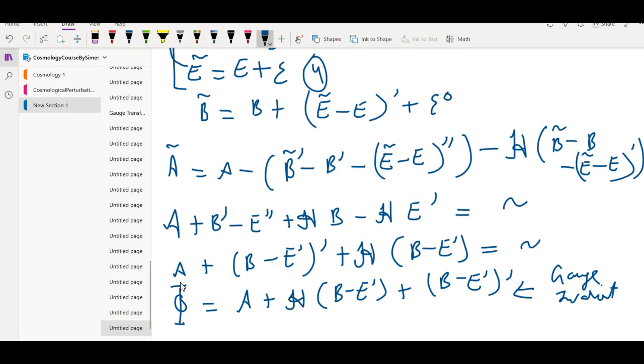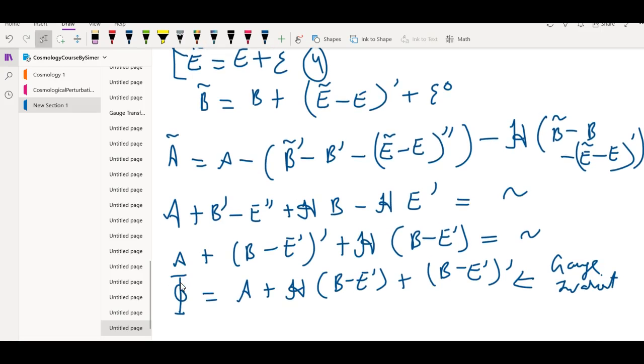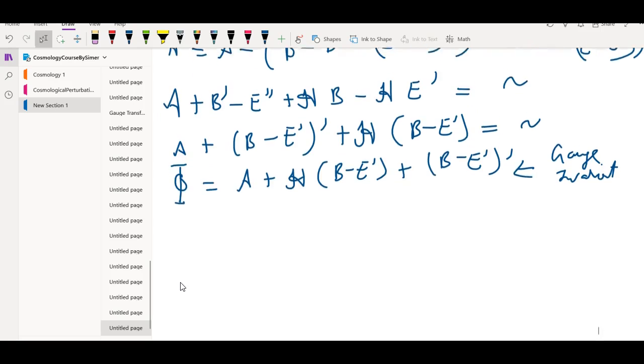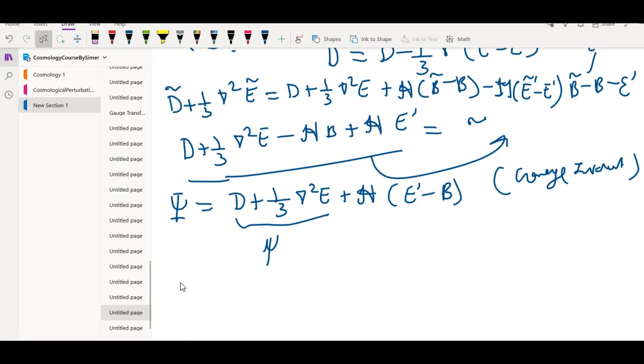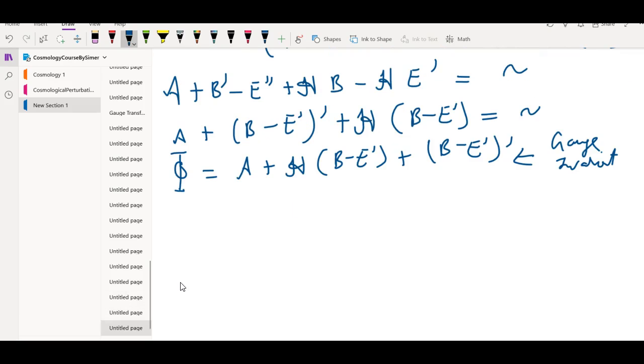So we have looked at two scalar perturbations which are gauge invariant. One is big psi, which is equal to this. Second is big phi, which is equal to this, and these two are called Bardeen potentials.